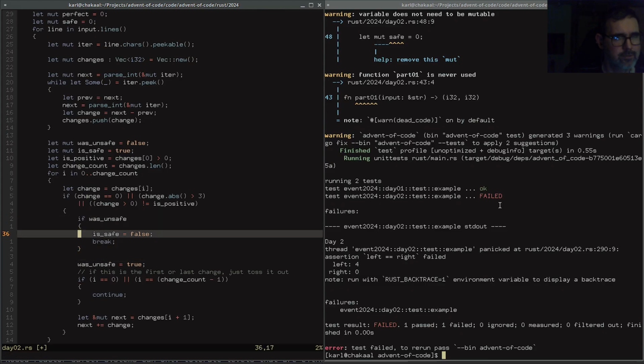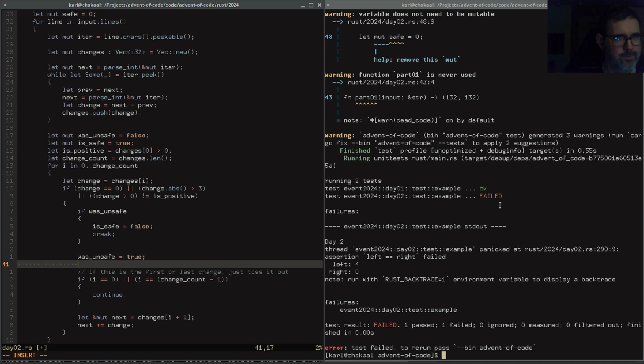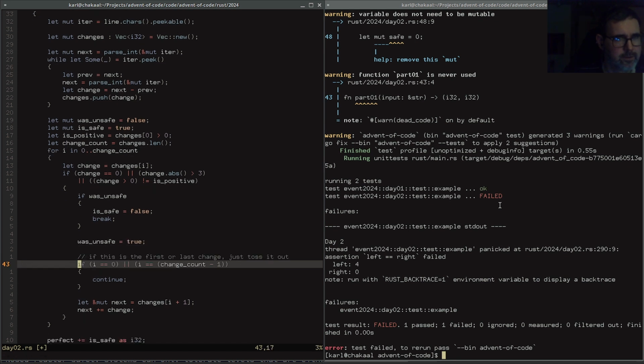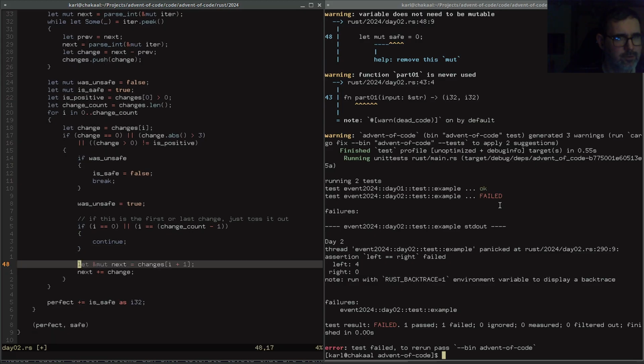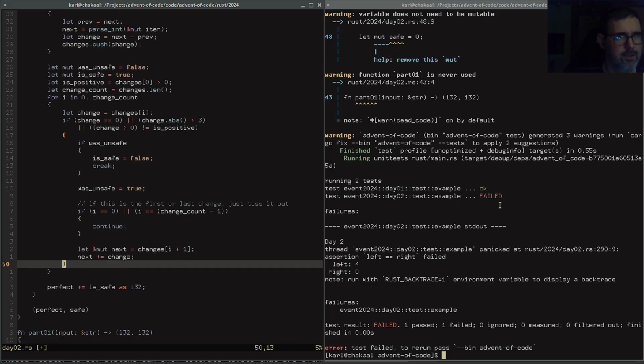So if we are already unsafe, we're not safe, and we're done. Otherwise, we want to toggle on that we are unsafe. And then we can either toss that out or here we're accounting for that change, which I think whether I pull it back or push it forward shouldn't matter. And then we'll go on to the next thing.